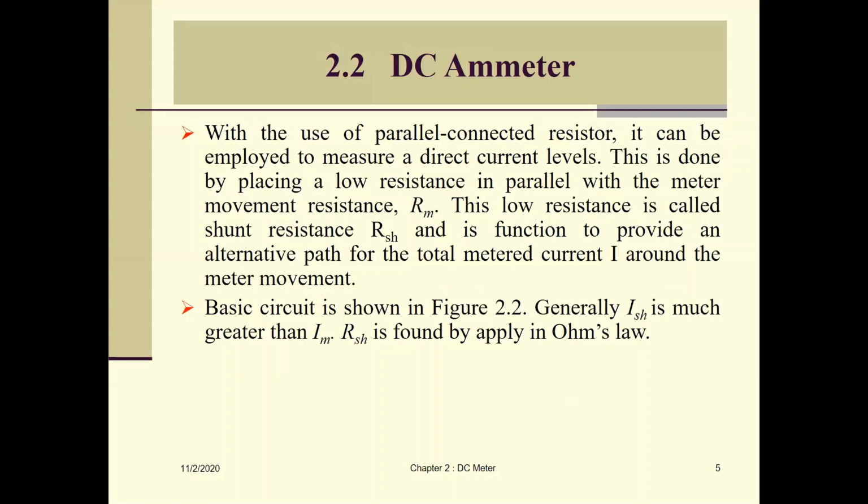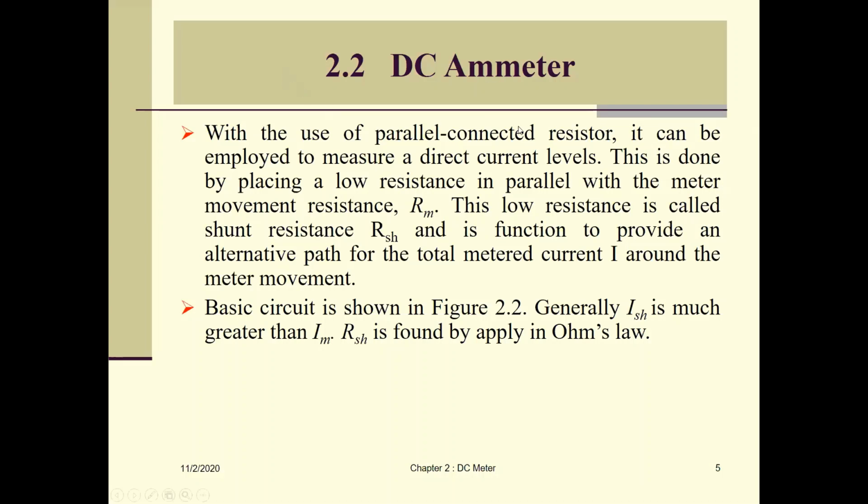So we go to the DC ammeter that I mentioned to you. A DC ammeter is a direct current ammeter, used to measure the current, and a voltmeter measures the voltage. For the DC ammeter, we use a parallel-connected resistor. It can be employed to measure direct current levels.